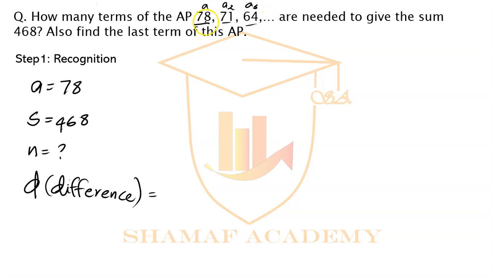You can see the numbers are decreasing, 78, 71, 64. But how much are they decreasing? We don't know that, and that's why we use D. We use difference to find out what pattern is going on.